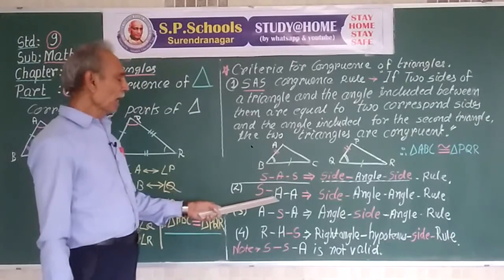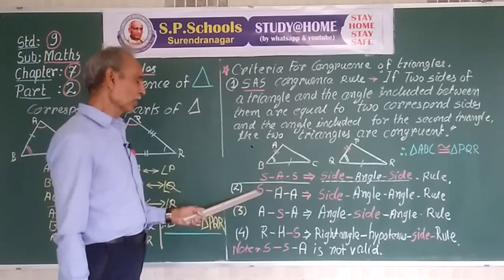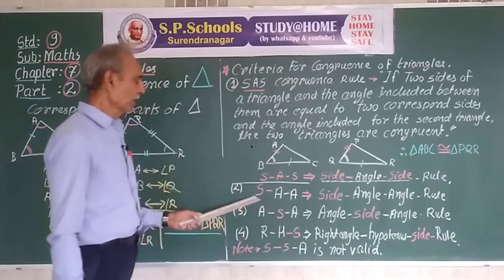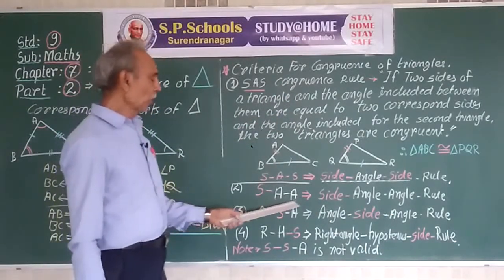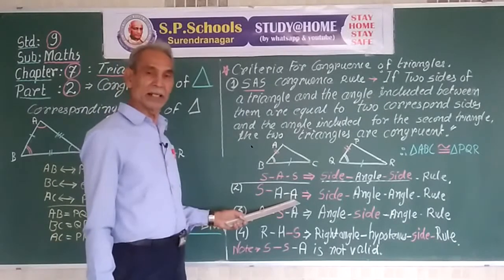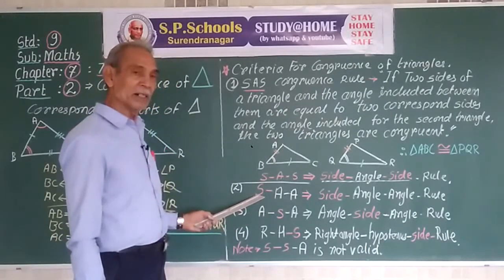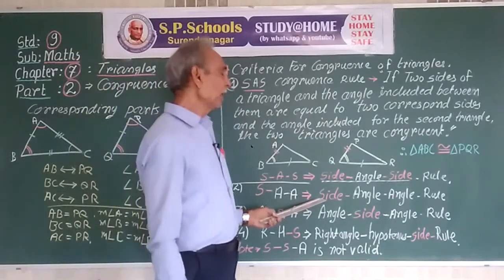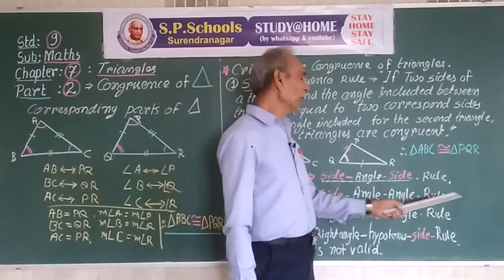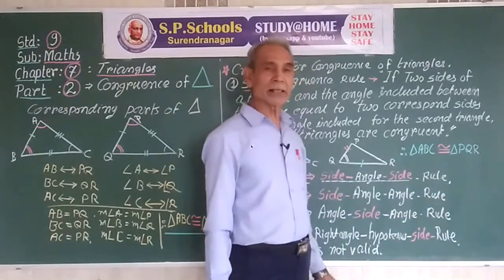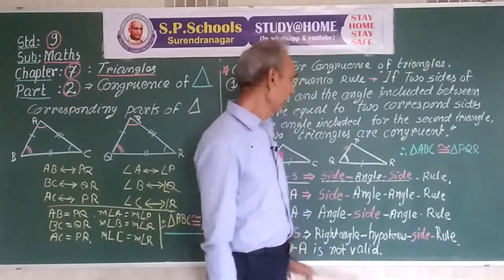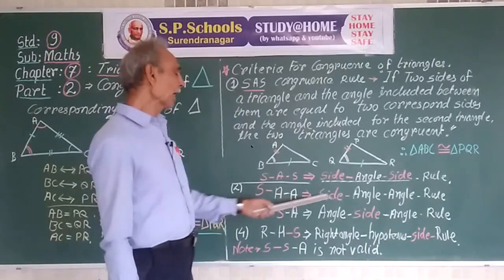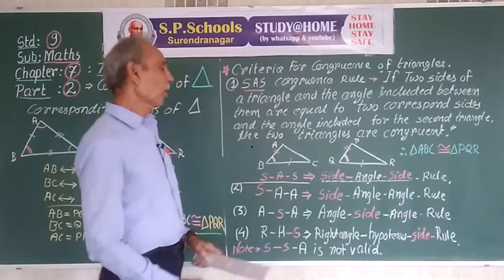So in case of the angle side angle or side angle angle congruency test, two neighboring angles and one side of one triangle, if they are equal to two corresponding angles and the corresponding side, then these two triangles will be congruent.